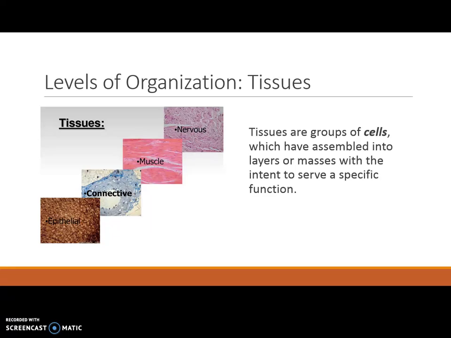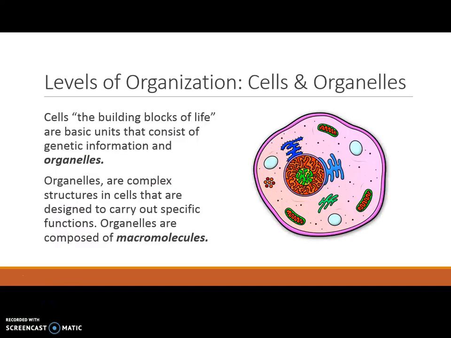When we get later on into our 3rd lecture, we'll talk a lot about tissues and these 4 specific kinds and what they do and where they're found. But for now, just know that tissues are groups of cells and there are 4 different kinds. So let's go to the next level, which is the cell.